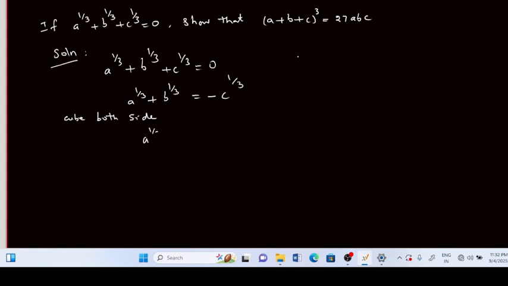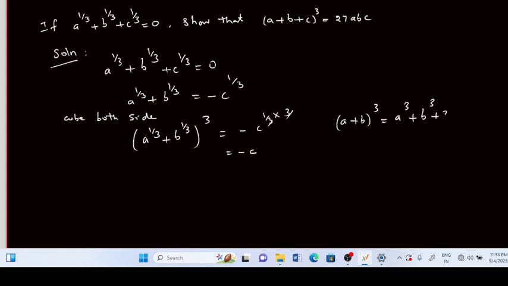So what do we get? (a^(1/3) + b^(1/3))^3 = (-c^(1/3))^3. On the right hand side we are getting minus c, as the 3 gets cancelled. On the left hand side we have a cube plus b cube plus 3ab into (a + b).